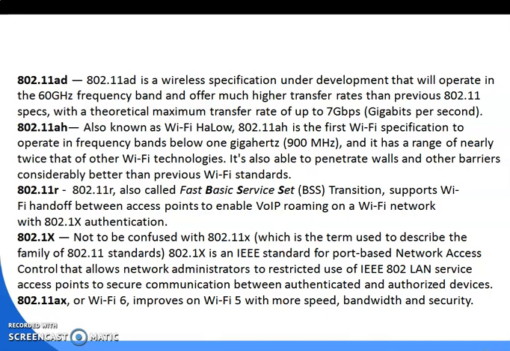Again, 802.11ax or Wi-Fi 6 improves on Wi-Fi 5 with more speed.